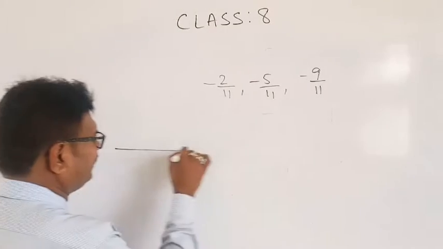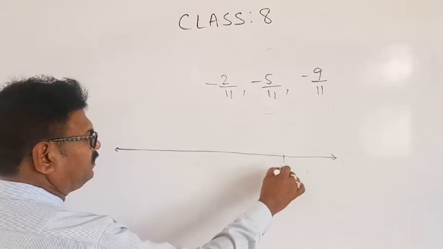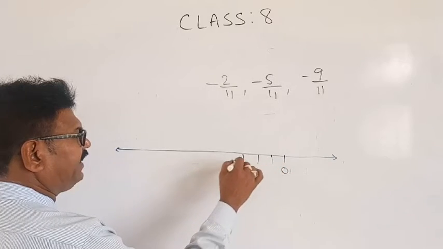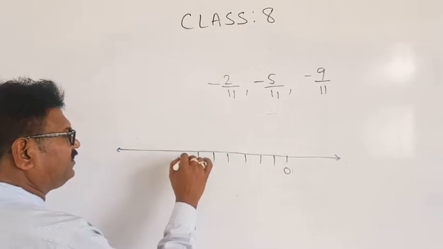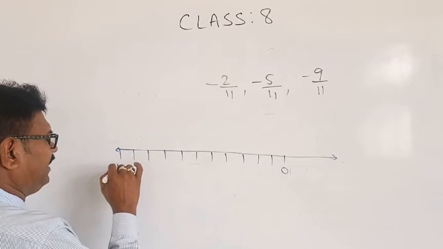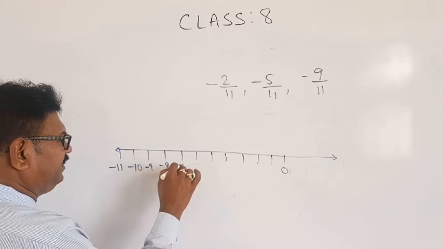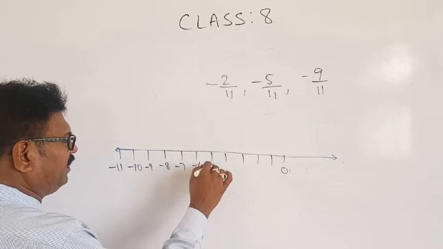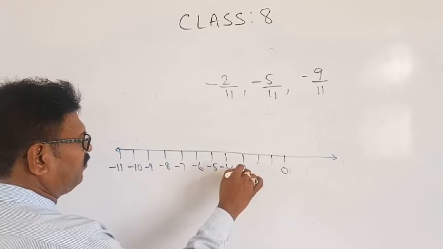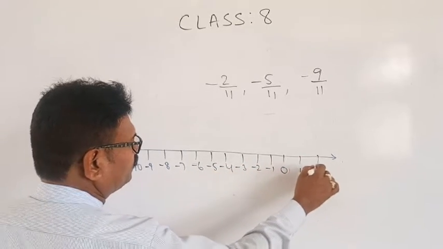Now draw the number line. 0, 1, 2, 3, 4, 5, 6, 7, 8, 9, 10, 11. Minus 11, minus 10, minus 9, minus 8, minus 7, minus 6, minus 5, minus 4, minus 3, minus 2, minus 1, 1, 2.